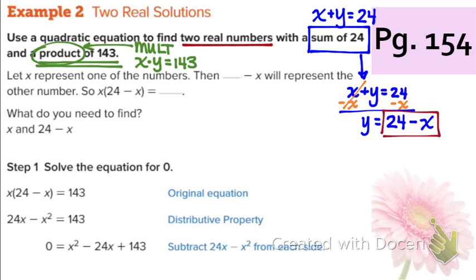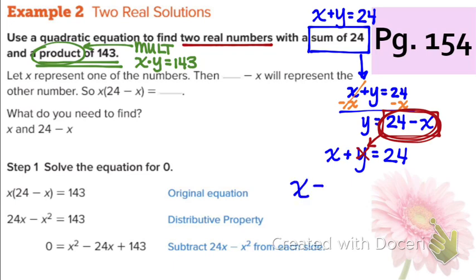Do you guys remember in the last module when we used some substitution? What does substitution mean again? Replace. I said earlier that x plus y equals 24. Just 2 numbers added together. Again, I don't know what those 2 numbers are. I'm going to take all of this right here, and I'm going to let it take the place of the y here.